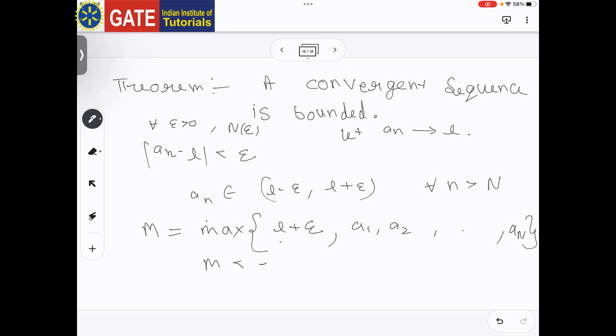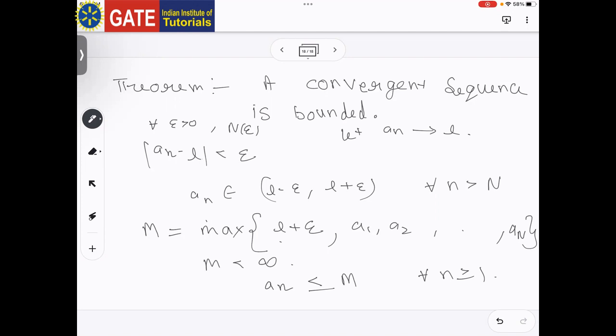And M is lesser than infinity. So your a_n is lesser than or equal to capital M for all n greater than or equal to 1, right? Yes, sir. So this sequence is bounded above.